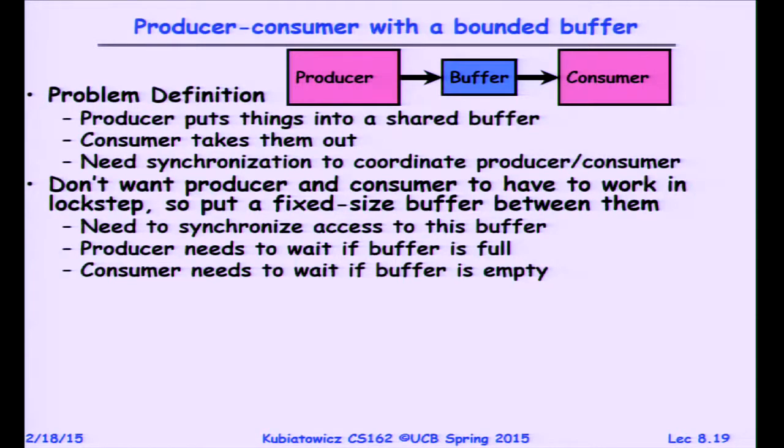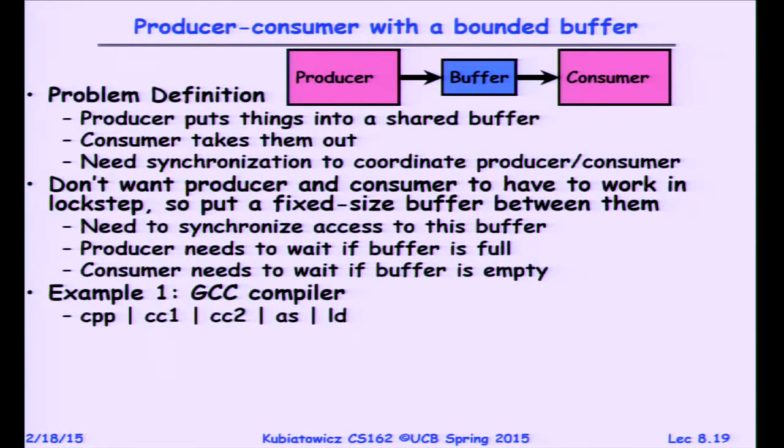So we need to synchronize access to the buffer, and also the producer needs to wait if the buffer is full. If all the soda is filled up in here, the producer can't put more soda in, it's got to wait. Similarly, if you're desperately waiting for a Coca-Cola, you go to grab it off of an empty machine, what do you do? Well, you take a nap in front of the machine until the guy comes with Coke, right?